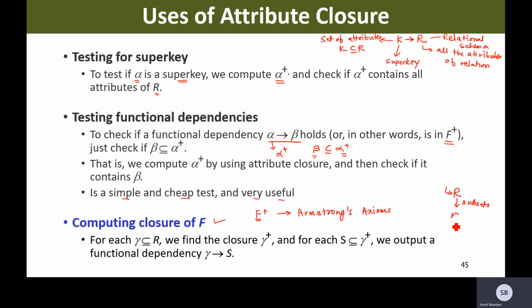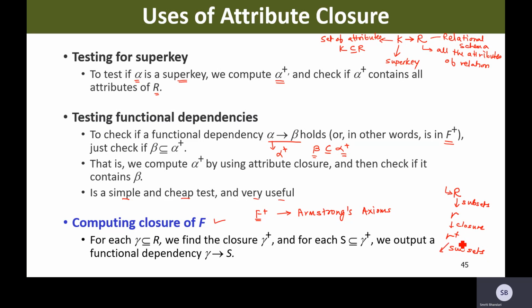What next? Next we are going to compute the closure of this gamma, so we compute gamma plus. Then we find the subsets of this gamma plus. Obviously, the closure of gamma is a set of attributes.